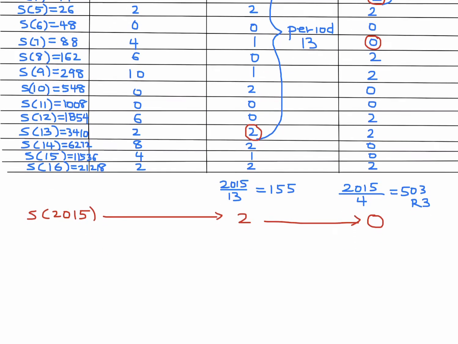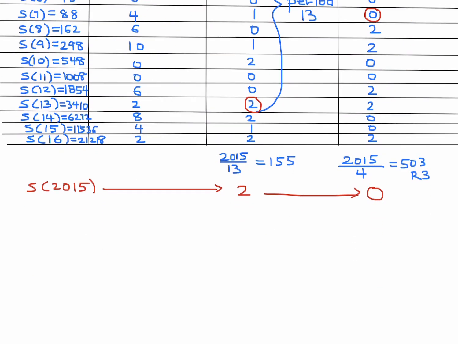Okay, now we are pretty much done with the question. We just have to now figure out which one of the answer choices is right. The answer choices are 0, 4, 6, 8, and 10.